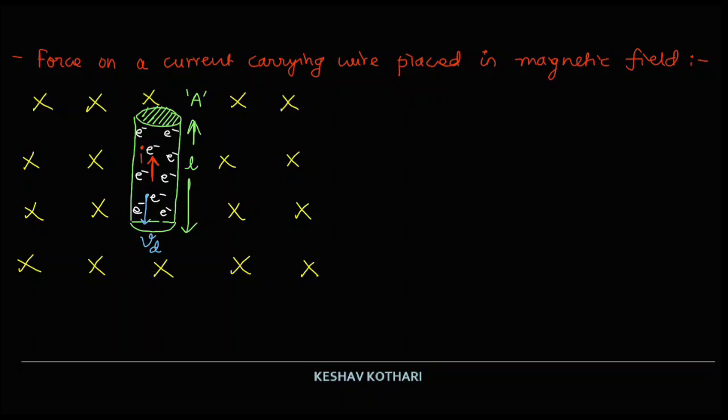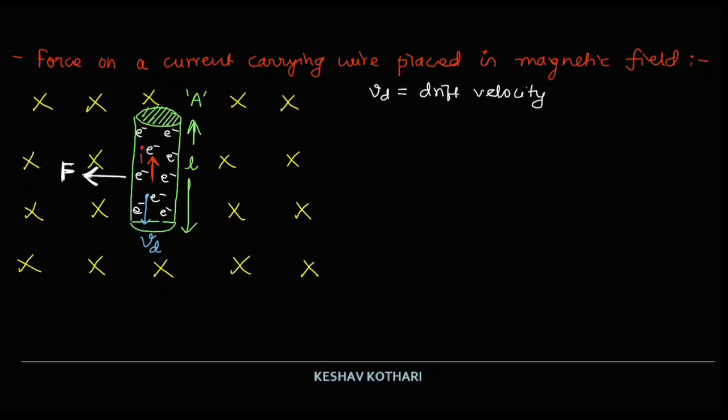So if we apply V cross B for this particular wire, we observe that the direction of force on this wire is in this direction. To understand the value of force, I am considering that Vd is the drift velocity of the electrons flowing in this wire in the downward direction.